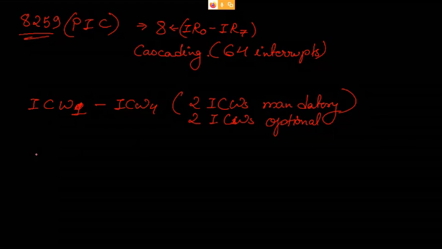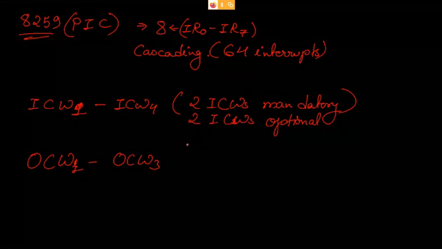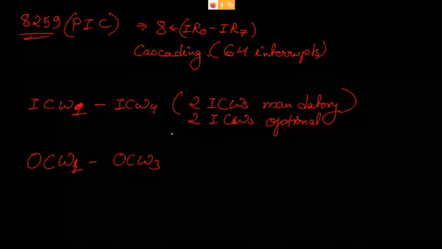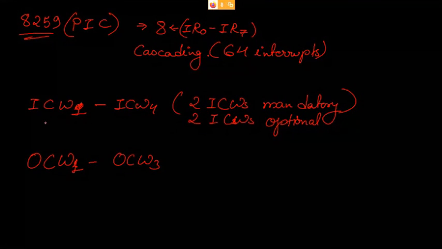Then we talked about the three OCWs: OCW1, OCW2 and OCW3. So in total we have to work with all these control words before making it work. But remember, it is not mandatory, this is totally optional.